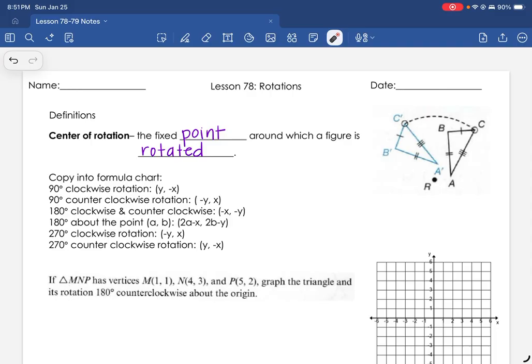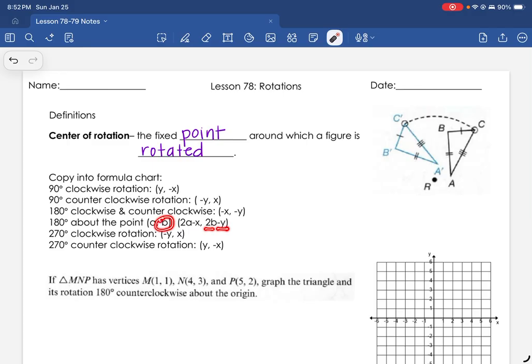And remember, we're using this up here in which the new transformed image is at negative x, negative y. So what that means is if x is 1, we are going to make it a negative x, which is negative 1. So M prime will be at negative 1. And notice also that the y changes signs.